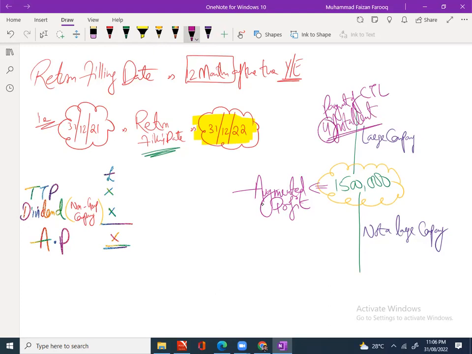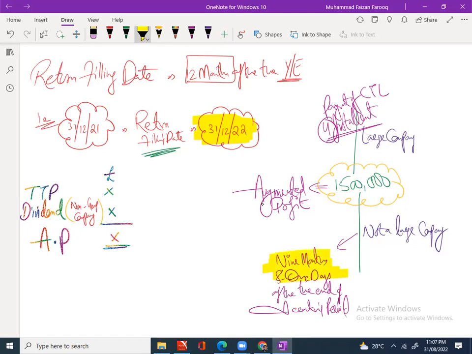If the augmented profit of a company is less than 1,500,000, it is not a large company, and no installments are allowed. The due date will be 9 months and 1 day after the end of the accounting period.